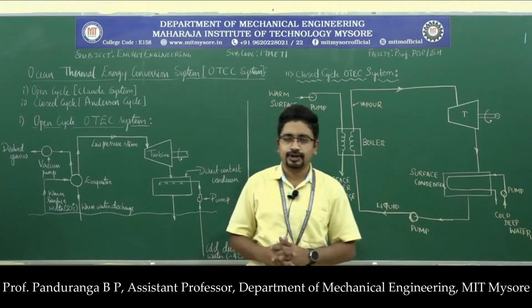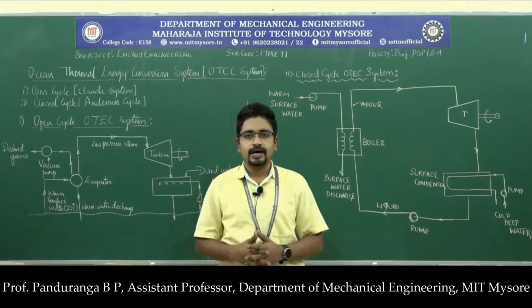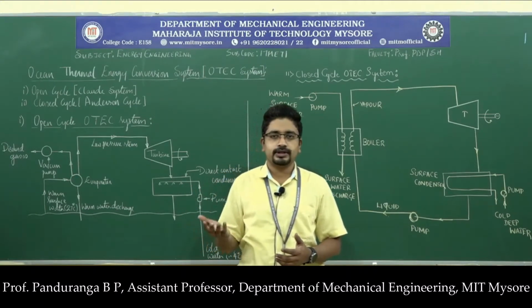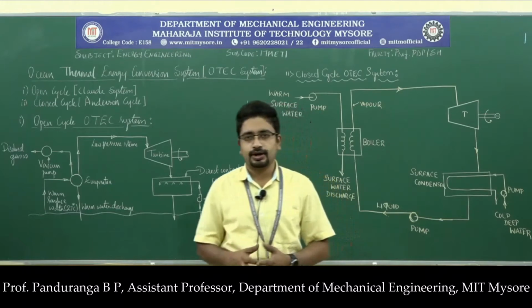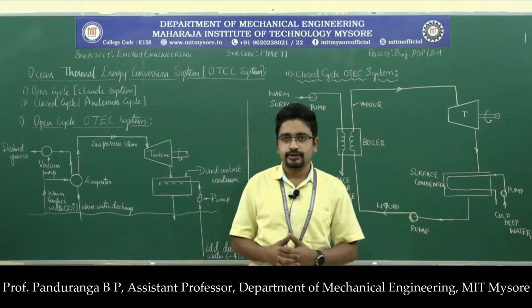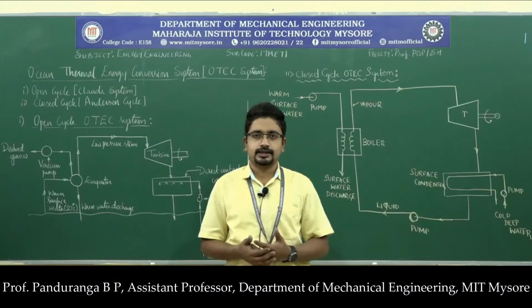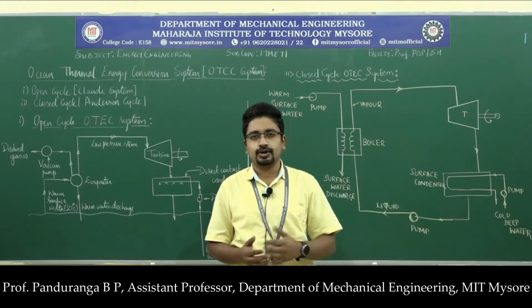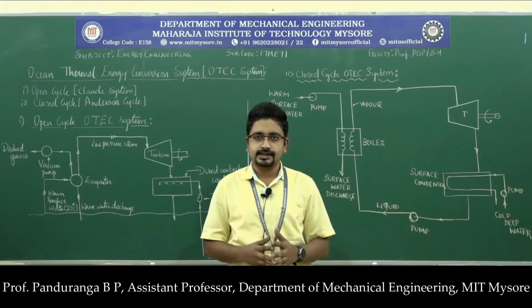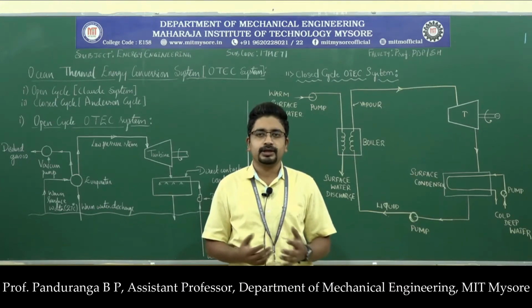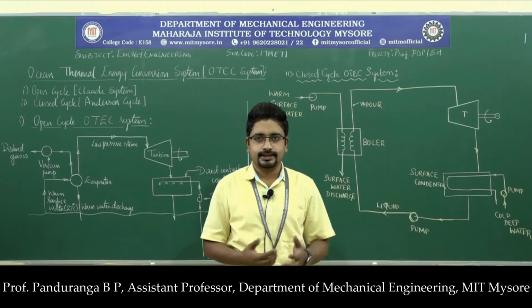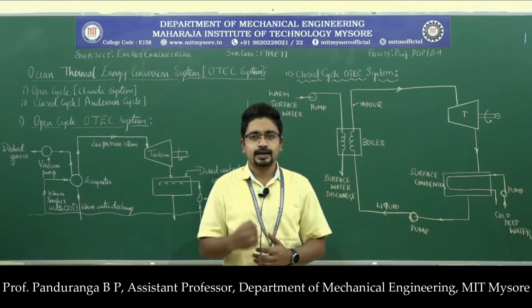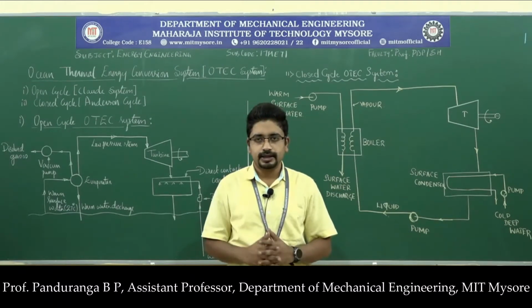If I consider the surface temperature to be around 25-27 degrees Celsius depending on the location and the season, say 27 degrees Celsius, and the deep sea water at a depth of around 2 kilometers is 4 degrees Celsius, then we have a temperature difference of around 23 degrees Celsius, which can be utilized to economically produce electricity throughout the day.